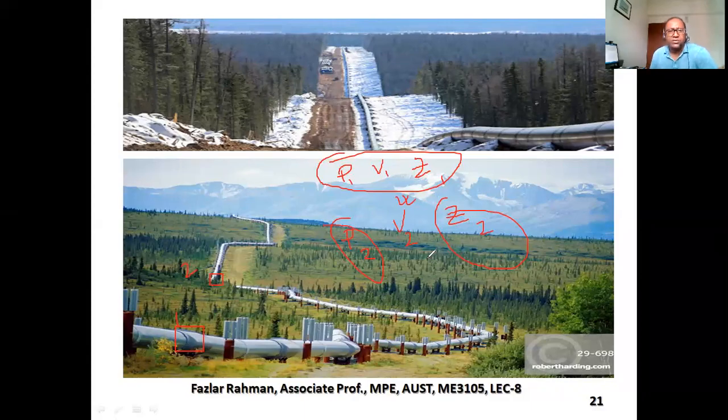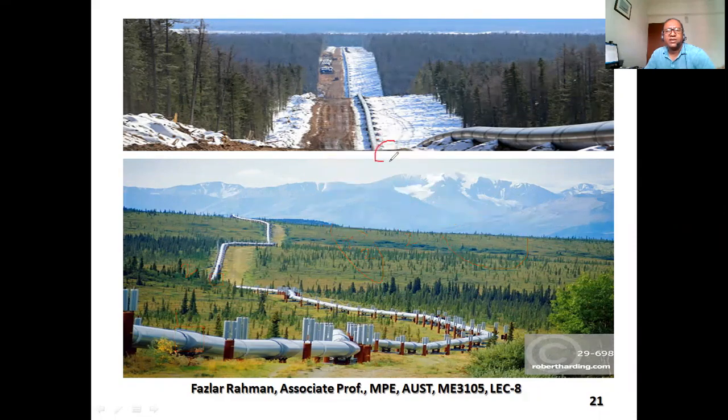Alternatively, if you know the velocity, then you can figure out the pressure. If at some point, say in the upper pipeline right over here, the fluid is going down the hill, what will happen there?